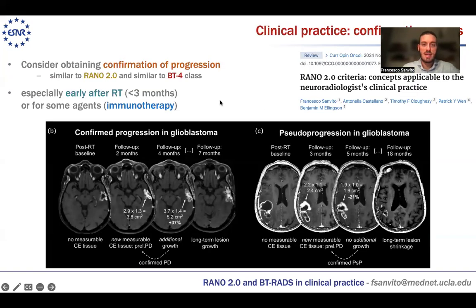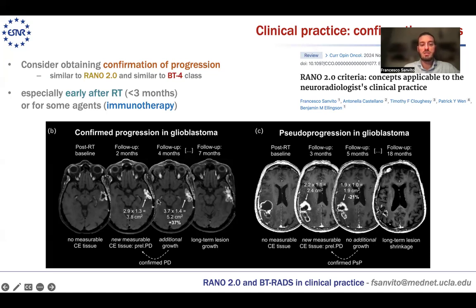Confirmation scans, as I said, is a concept that we can still use in clinical practice. It is a very central concept in RANO 2.0, but again, we saw how in BT4 too, there's that concept of worsened over 2 scans, so very similar, especially early after radiation or for immunotherapy agents. Let's remember we have this option when we see a growth.